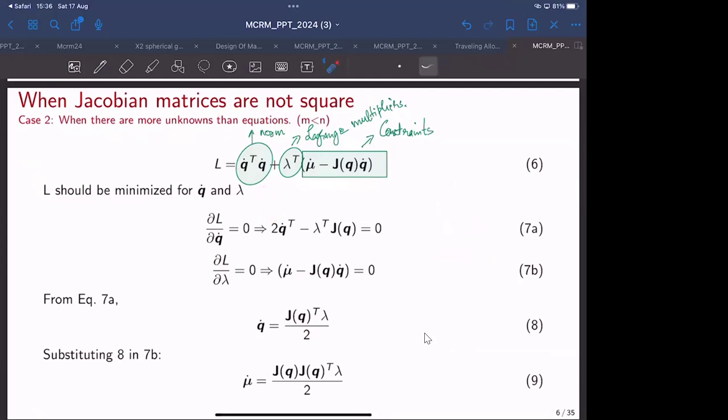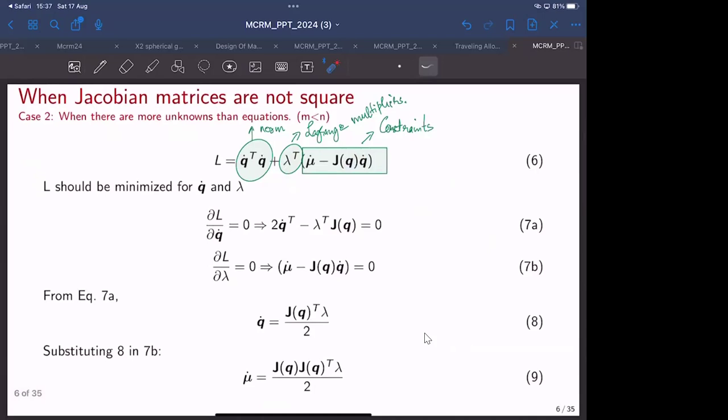And if you take the partial derivative of the constraint term with respect to q dot, the term remaining would be lambda multiplied by J of q, that is, the coefficients of q dot from this expression, J of q and lambda transpose.